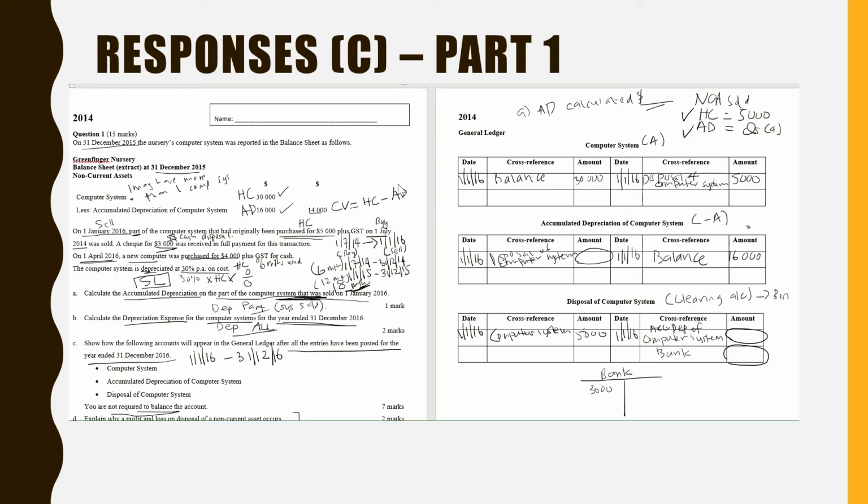Now once that is done, remember, I told you that this account is where we can determine if we have made a profit or a loss on disposal. And what I want you to notice is this.